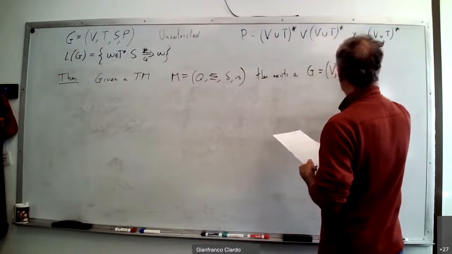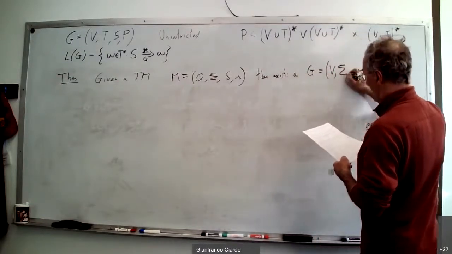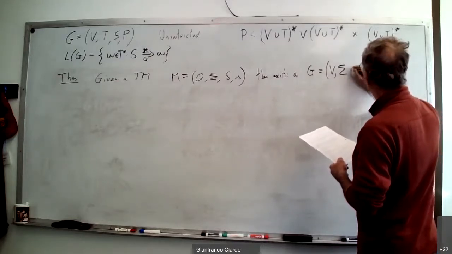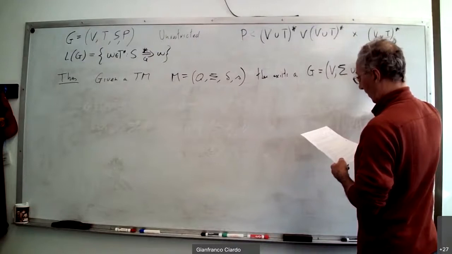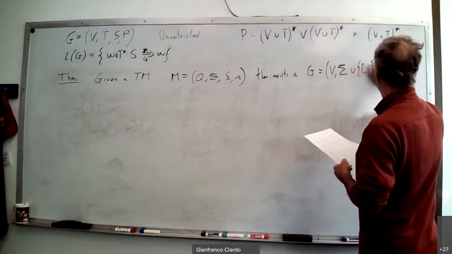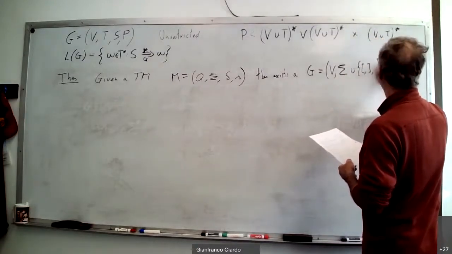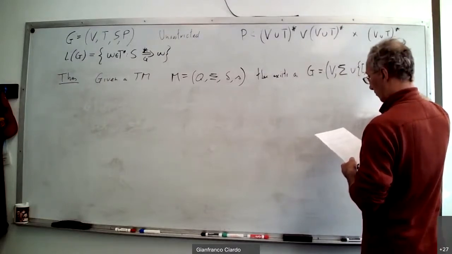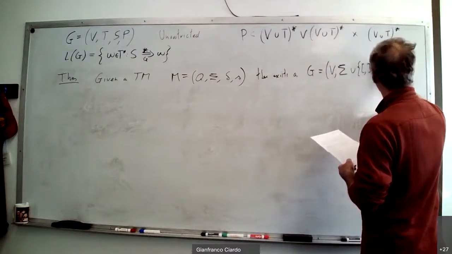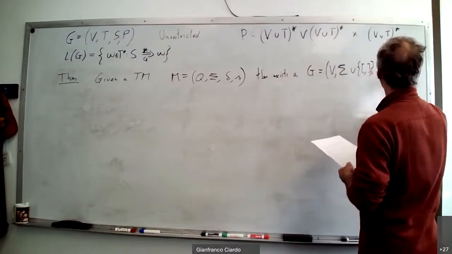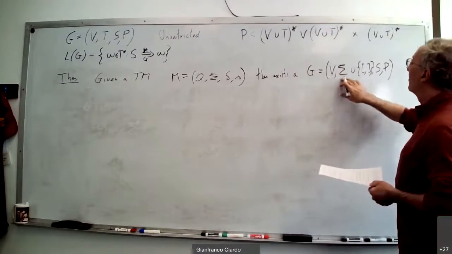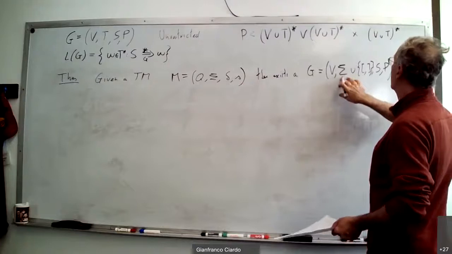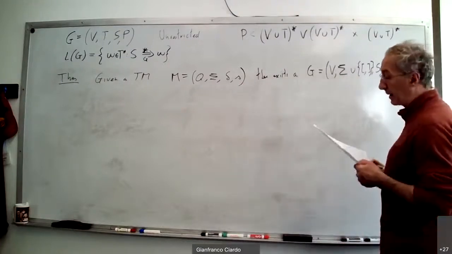V, sigma union left bracket, right bracket, S, P. Okay, so the alphabet of the grammar is sigma union these left and right brackets.